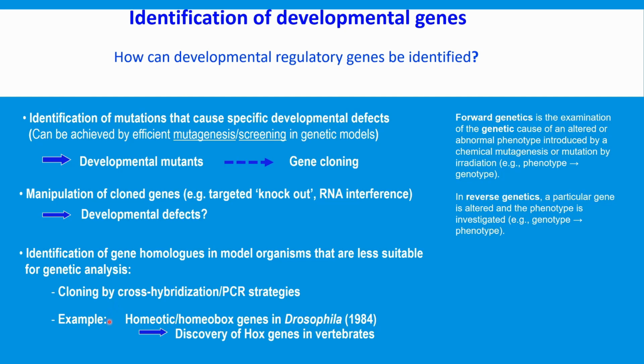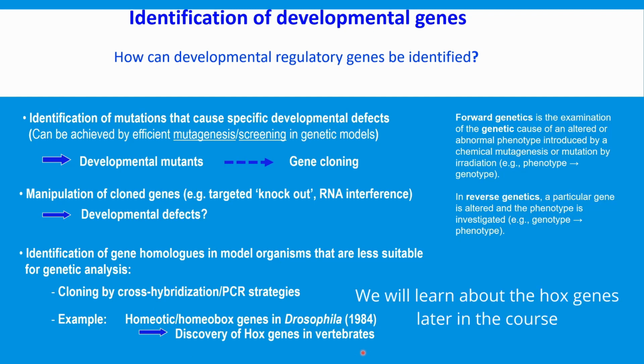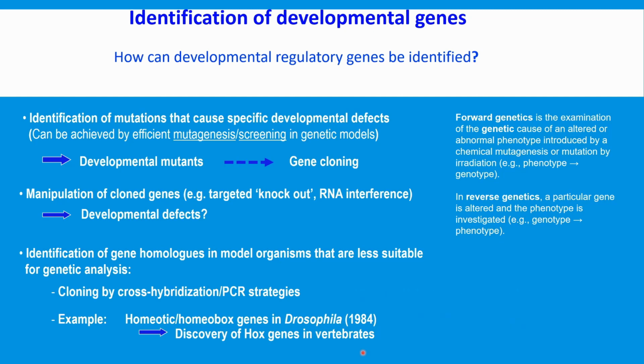So, for example, the very famous homeotic or homeobox genes were first described in Drosophila, and then they used these cross hybridization techniques to find the Hox genes in vertebrates. Once you identify that a gene is present in that animal, a related gene to the one you're interested in, then you can start designing PCR primers to amplify the gene, and you will eventually recover the sequence for that gene, even though you don't have the full genome sequence.